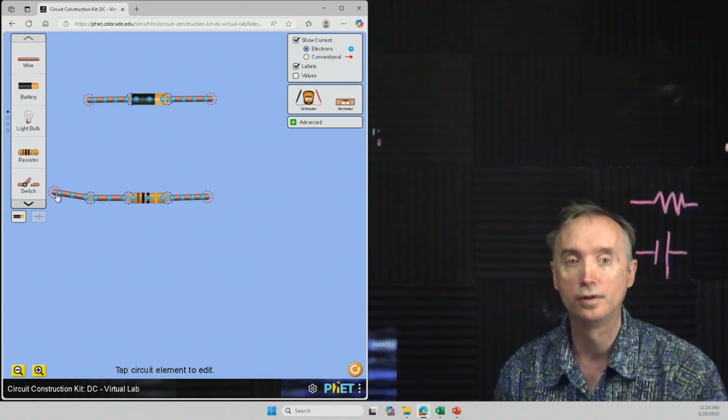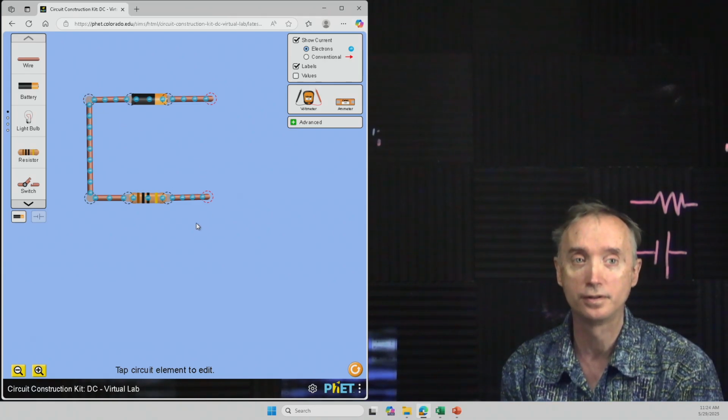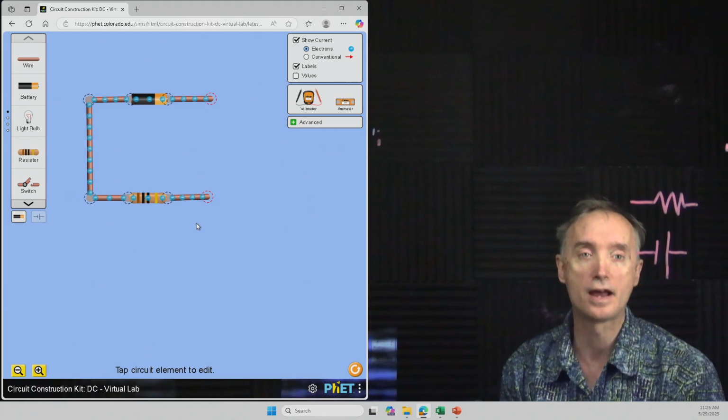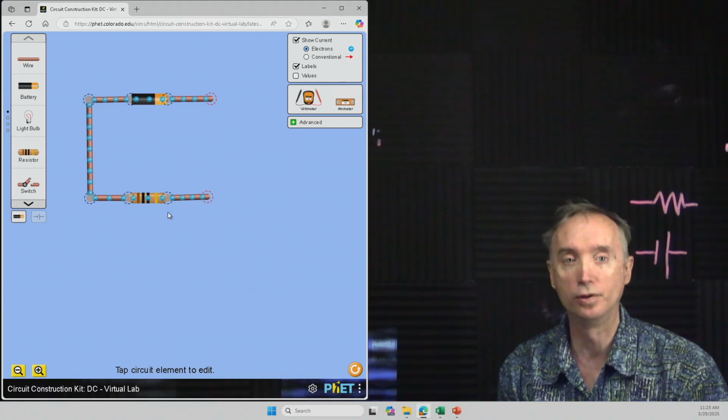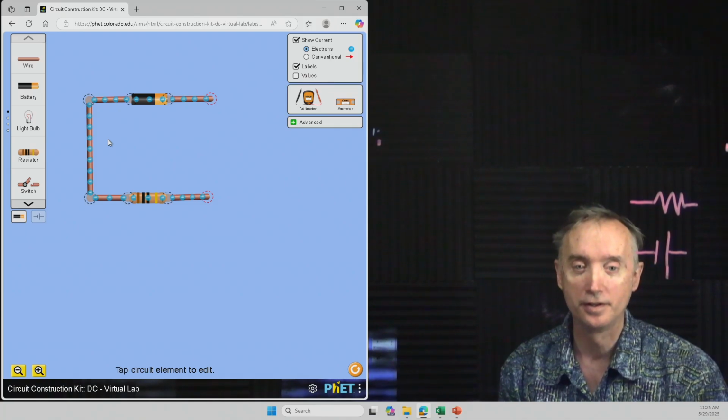Okay, and then so now we've got the battery connected to the resistor, and you notice that nothing's happening. So you see those little blue circles in there that's got the negative sign on them? What do you think that they represent? Well, I won't tell you, but I think you know. It's a particle that has a negative charge to it.